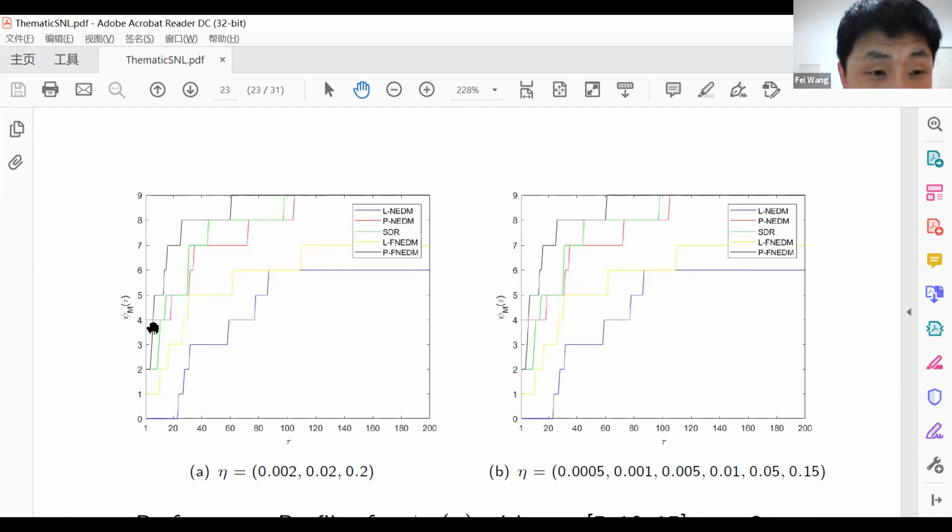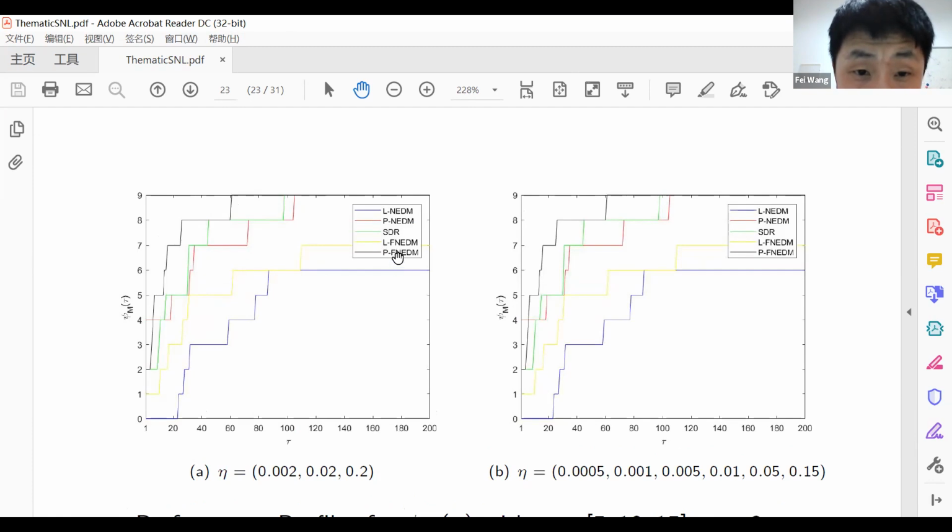In this first picture, the black plot is the best because it lies above all the other approaches.